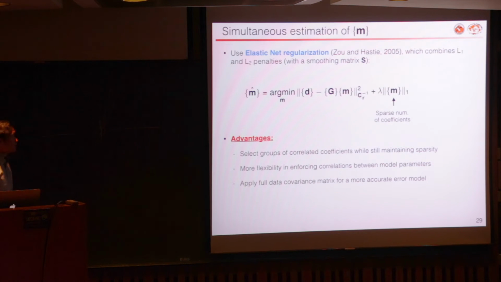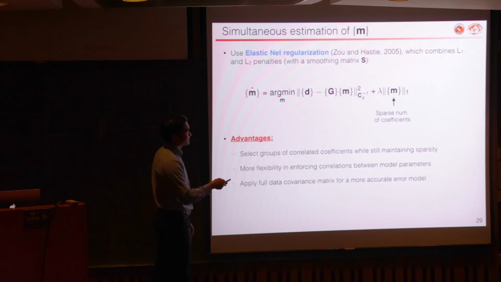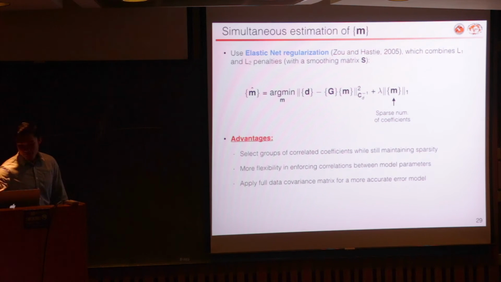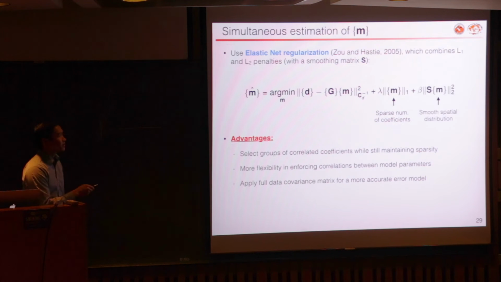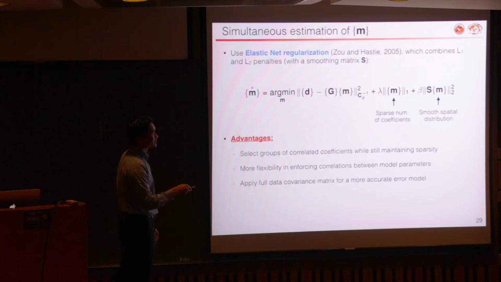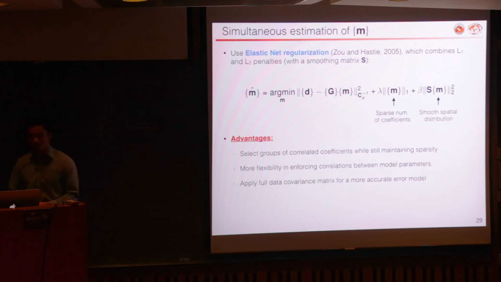First of all, you have the misfit term, your likelihood term, then you add in the L1 term, which enforces a sparse number of coefficients, and then you simply add an extra L2 penalty term, which penalizes the roughness of your reconstruction. So for a given spline, its spatial distribution should be smooth. And so now you have a least squares problem that has joint misfit, L1, and L2 penalties.